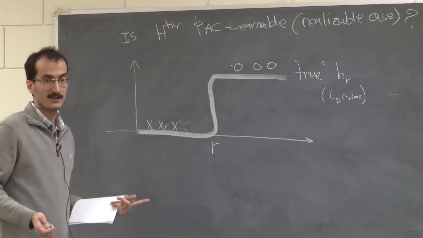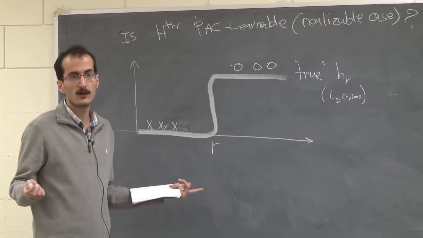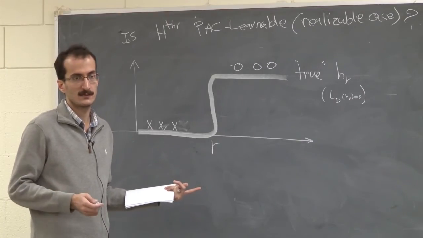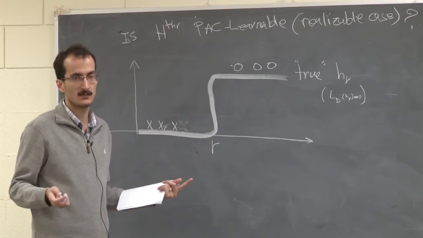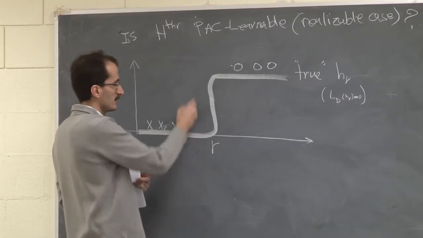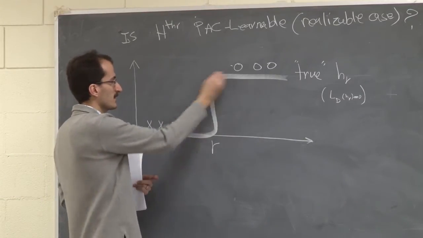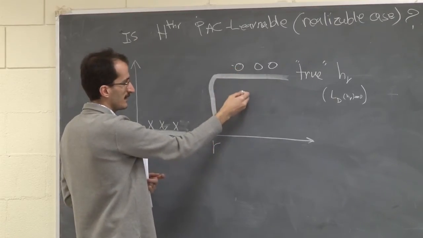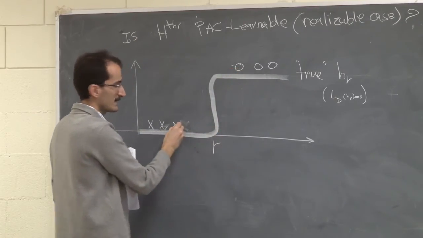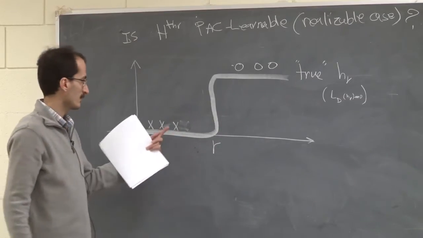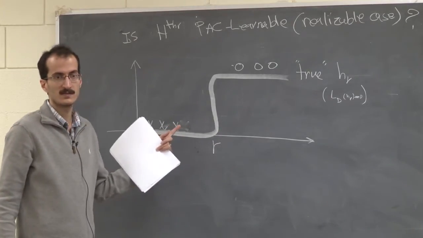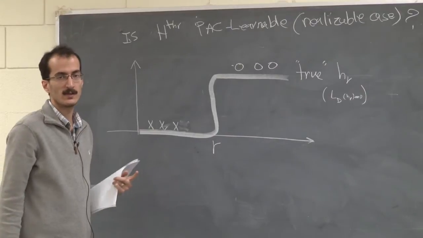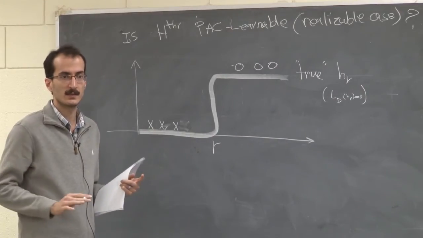Yes, it could select that, but ERM will select one where the error on the sample is 0. So it can basically select any function here where the threshold is between the last point with label 0 and the first point with label 1. Any of them will satisfy the ERM.